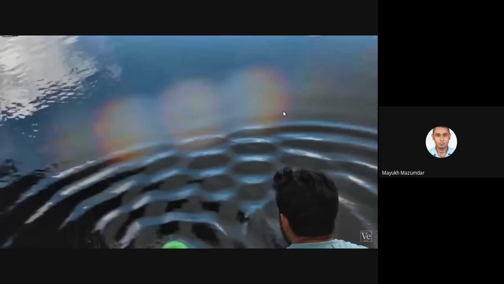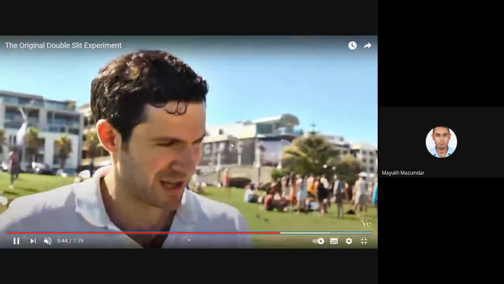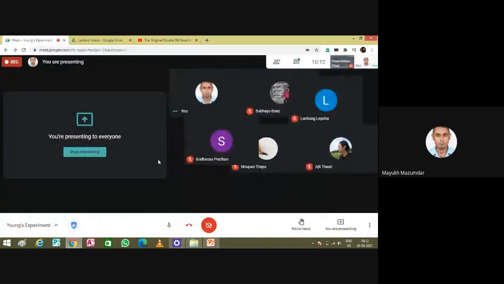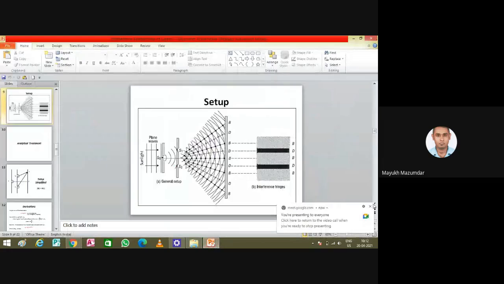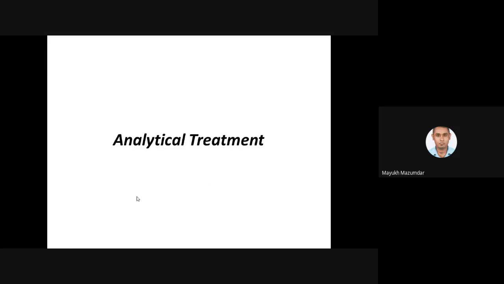Or the other way around, I might have messed up. These regions are bright, these are dark, but the dark region is not perfectly dark because of the overlapping of the constituent colors of sunlight. But obviously, this experiment confirms one thing, that there is a change in the intensity pattern, isn't it? Had there been no slit, we would have seen simply the spot of sunlight.